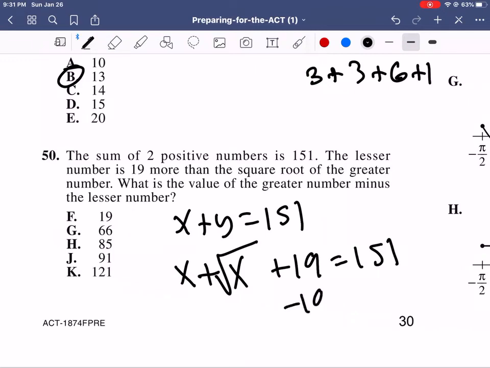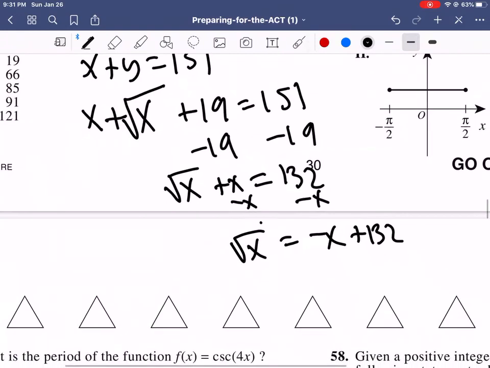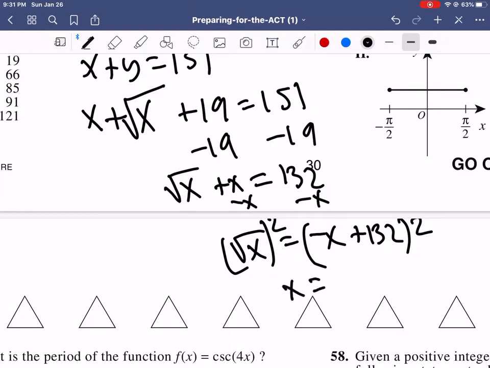So when you subtract 19, you get 132 equals x plus the square root of x. I'd subtract x from both sides. So the square root of x equals negative x plus 132. Put that to the power of 2 to cancel out the square root. x equals negative x plus 132, squared.